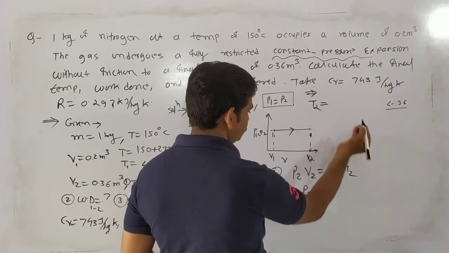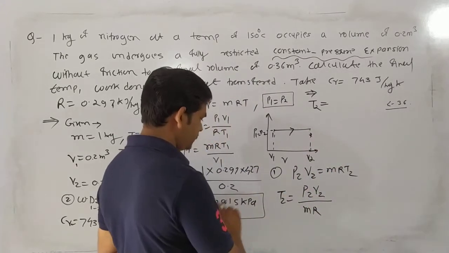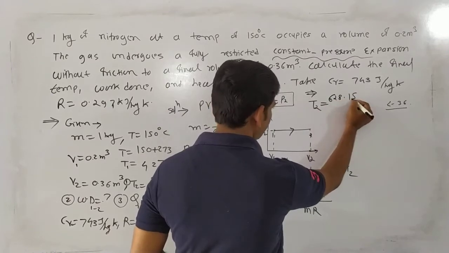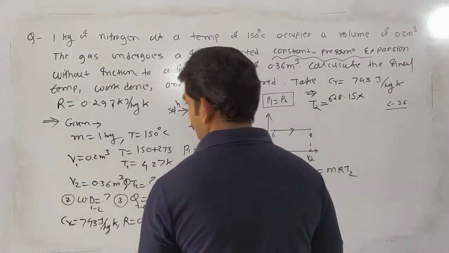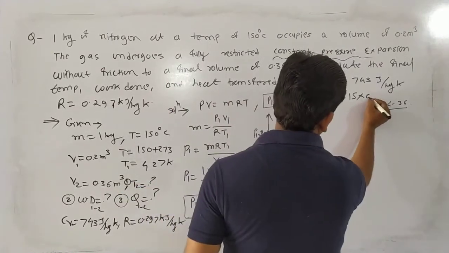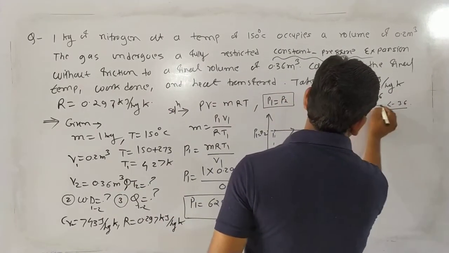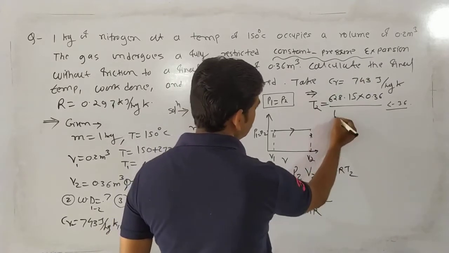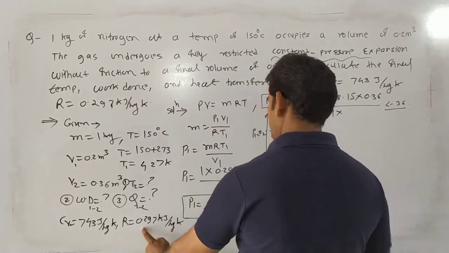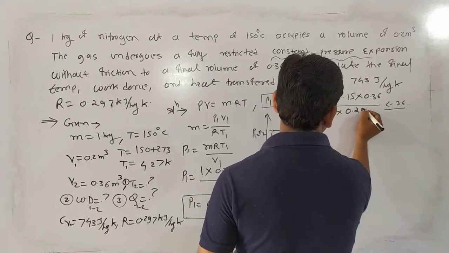So T2 is equal to P2, which we calculated, 628.15, into V2, which is given, 0.36, divided by m is 1, and the value of R is 0.297.